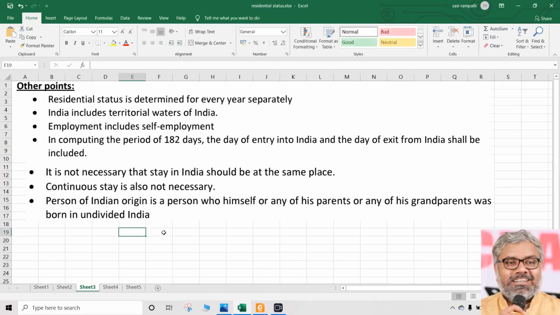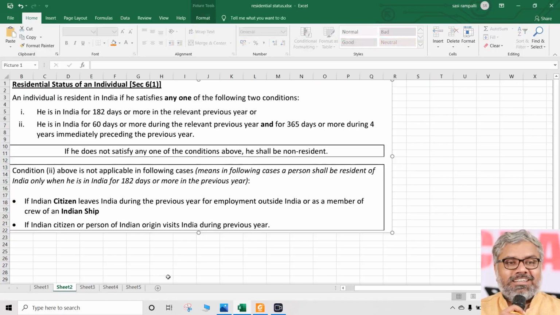The only thing we are bothered about is who is a person of Indian origin, who can be called a person of Indian origin. We are not interested in the rights or obligations or any other matters related to persons of Indian origin. We are only bothered about, yes, if there is a person of Indian origin who visits India during the previous year, that person will be called a resident only if he stayed in India for a period of 182 days or more during the previous year.